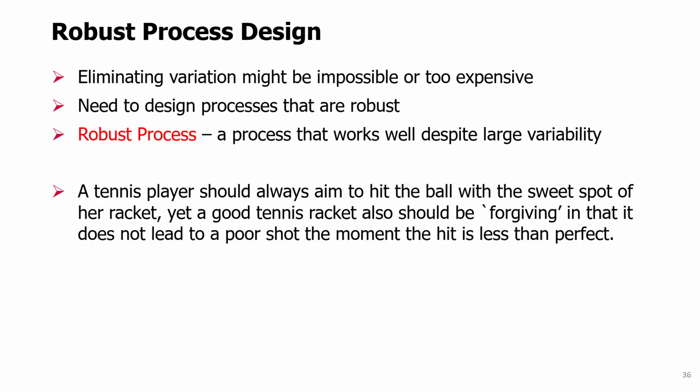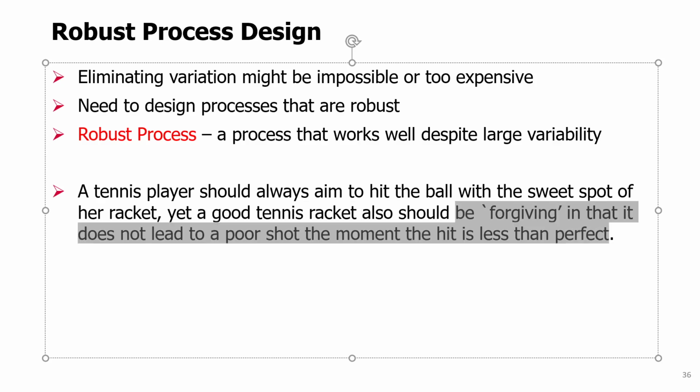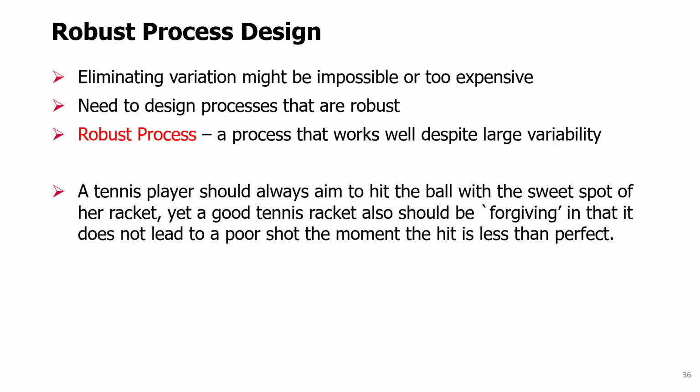So we will say that this tennis racket should be like a robust process. Despite some variability in where the player hits, in which spot the ball touches the racket, still the shot should be of good quality. So in a sense, the racket should be robust. This is the analogy to the robust process design.